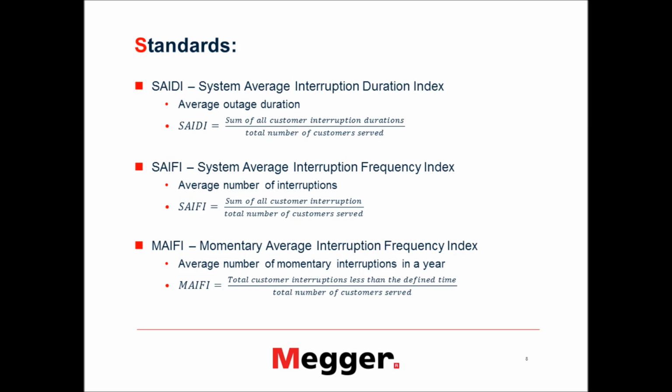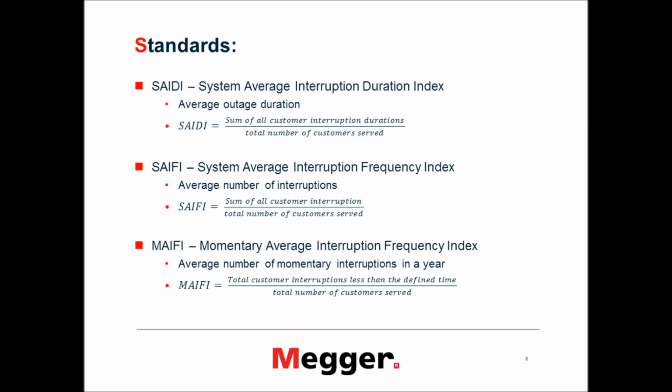So you want to keep this index within the threshold, because the higher the index, it means the interruptions are more in your system, and generally your customer satisfaction is very low when you have lots of interruptions in your system.